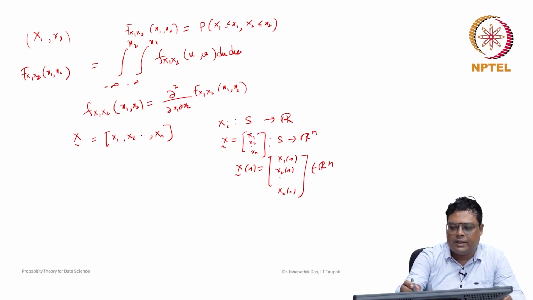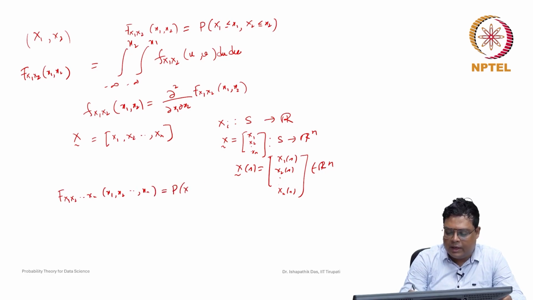Similarly, the distribution function, which we have already discussed, F of x1, x2, ..., xn, is equal to the probability that X1 is less than or equal to x1, X2 is less than or equal to x2, ..., Xn is less than or equal to xn.